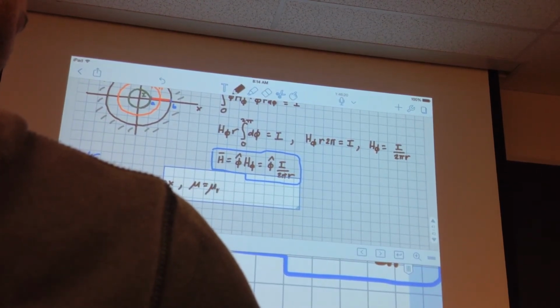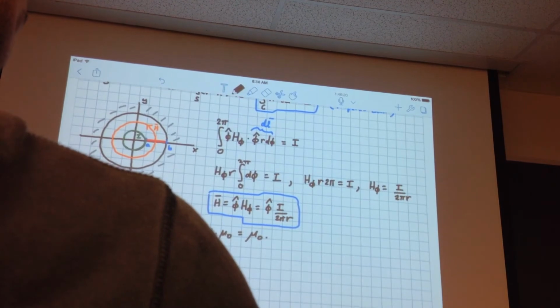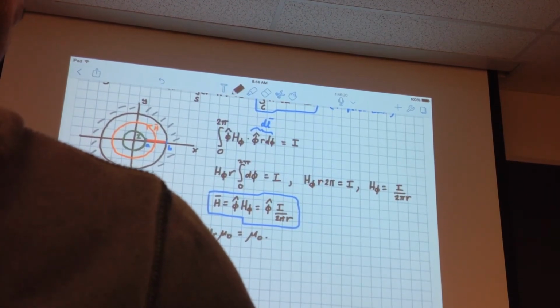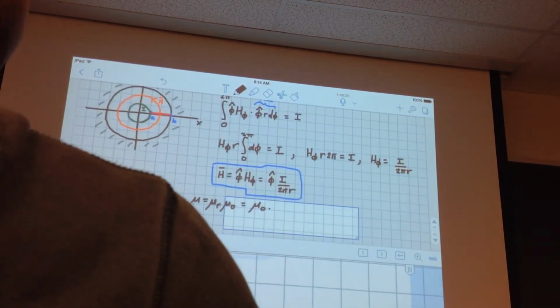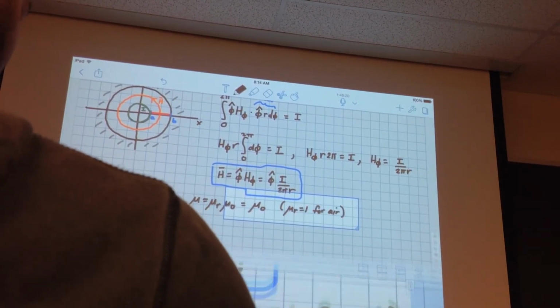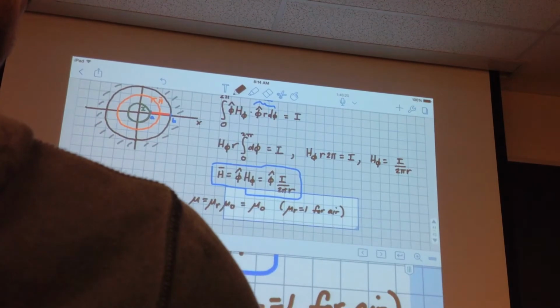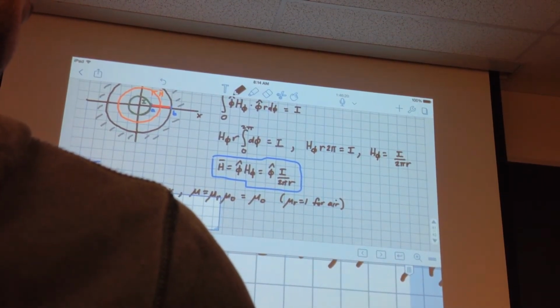So mu is equal to mu r mu naught. Just equal to mu naught, for example. Your coax is filled with air. Well, actually, most dielectric materials have a relative permeability of just 1. So this is often the case. Okay, so then B, magnetic field B is equal to mu H, or mu naught H.